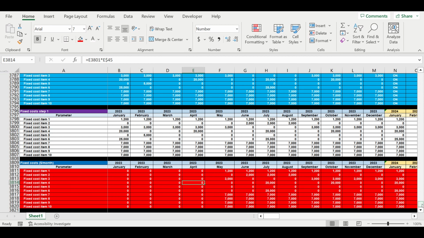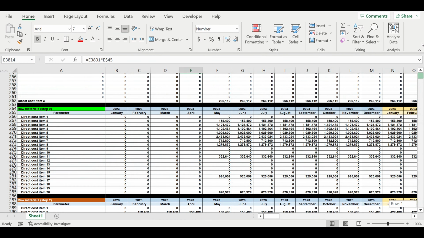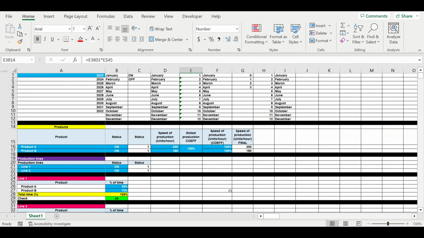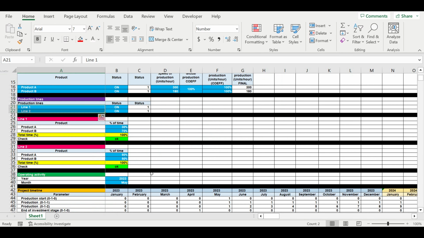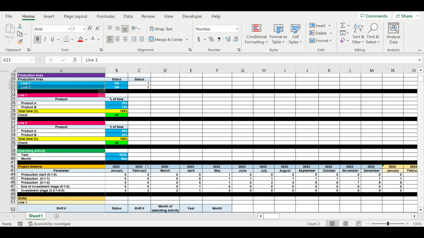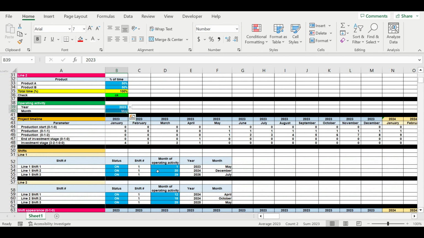So let's briefly go from the beginning through what we were modeling during the previous tutorials. We have two products, which are produced on two lines, line 1 and line 2. Then we modeled when we started operating activity.